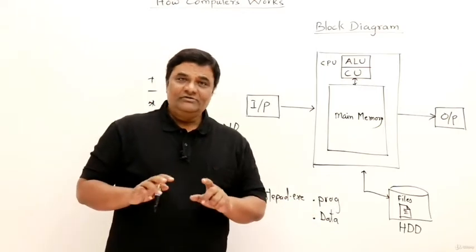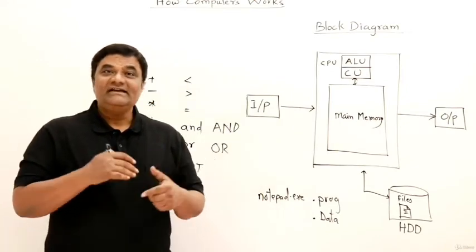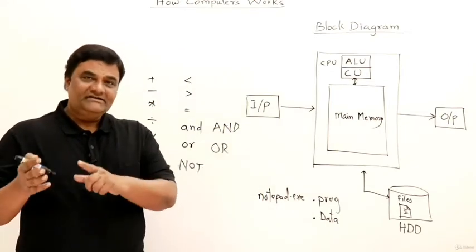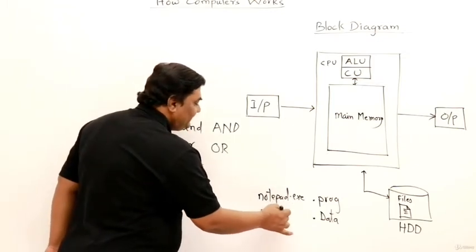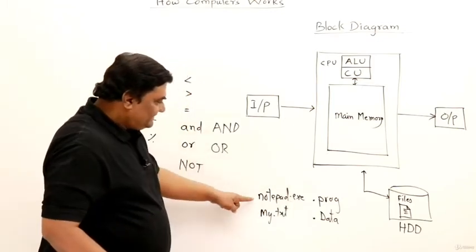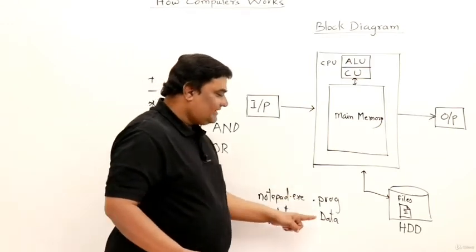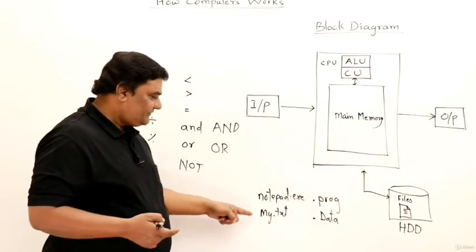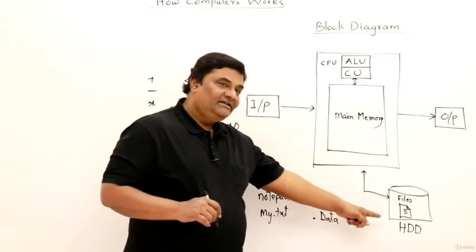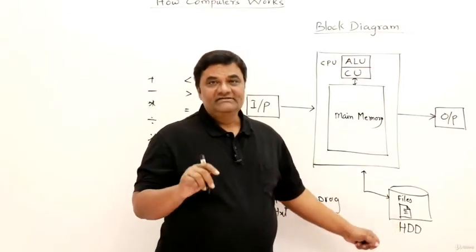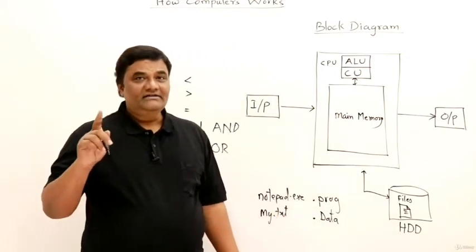Now inside notepad, if you type something and save, then it will be saved as a text file. So you may be saving it as my.txt file, right? So this is a program file and this is a data file. This data file is used by notepad or generated by notepad. So finally, hard disk contains two types of files, program files and data files.